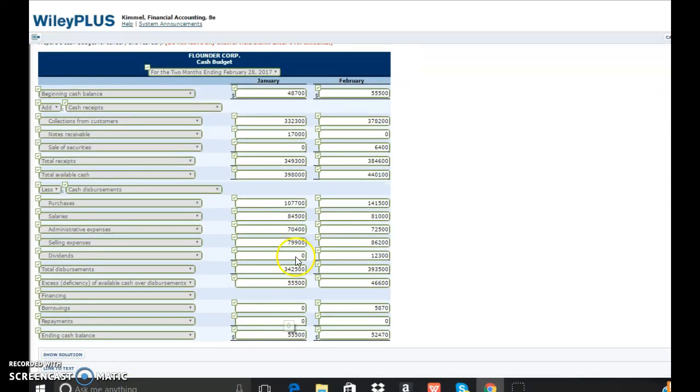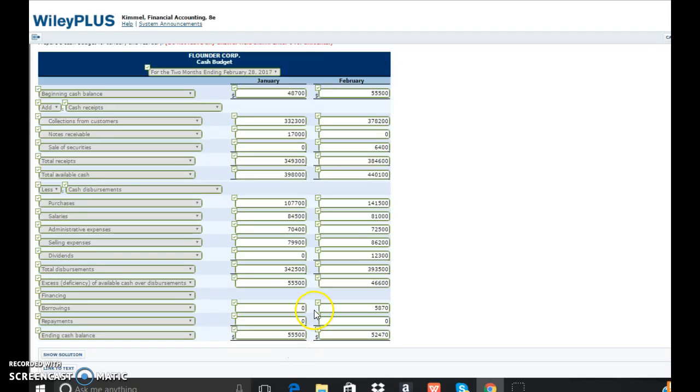And then we're going to subtract the total disbursements from the total available cash, which is going to give us the excess or deficiency of available cash over disbursements, which for January is 55,500, and for February is 46,600.